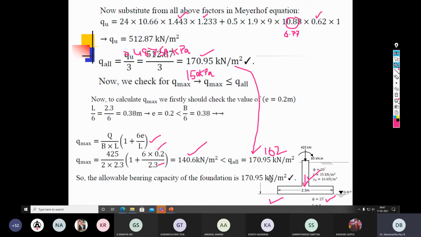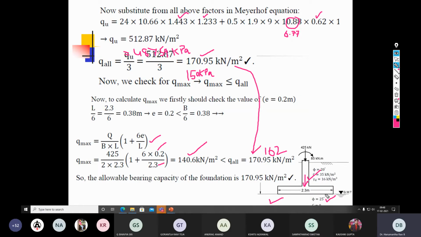So for those who have some question, she was asking a very beautiful question. First of all, here it is mentioned that the eccentricity exists in the direction of 2.3 meter. If nothing is mentioned, in which direction shall I take? It is better to calculate the bearing capacity in the 2.3 meter direction as well as the 2 meter direction, and whichever is the minimum, consider that as the Q allowable.